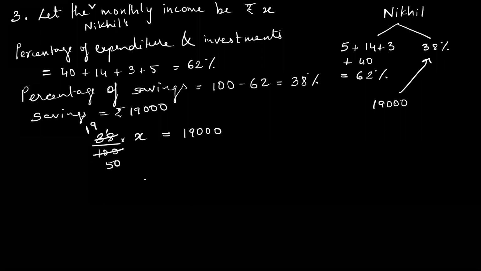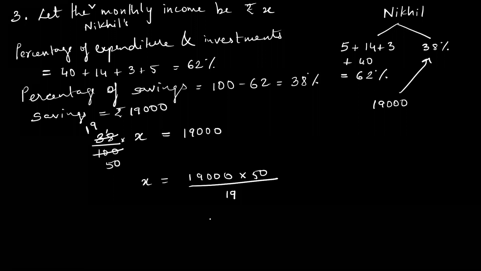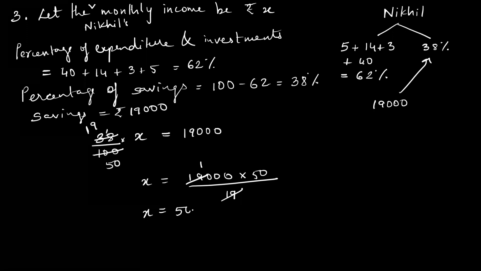So X is equal to 19,000 multiplied by 50 upon 19. Then 1,000 multiplied by 50 is equal to 50,000.